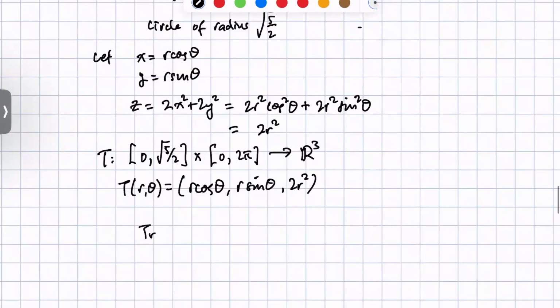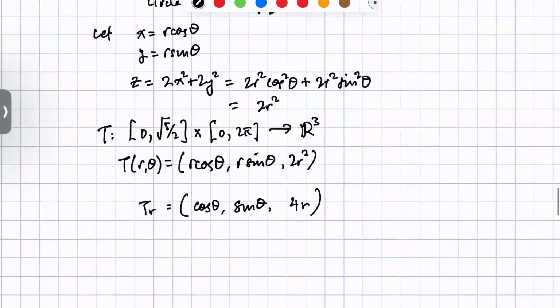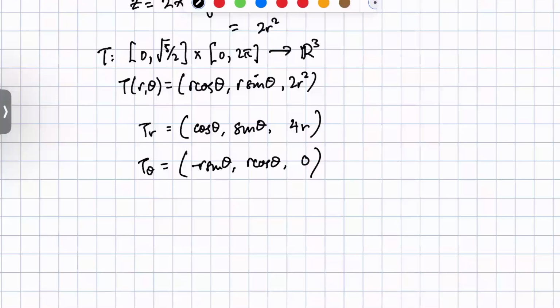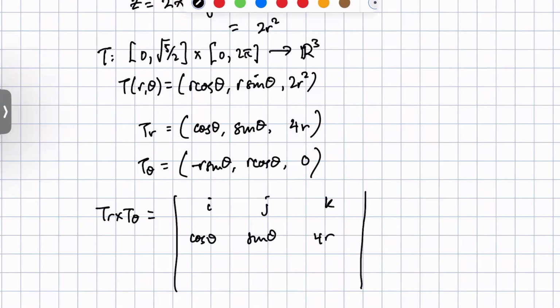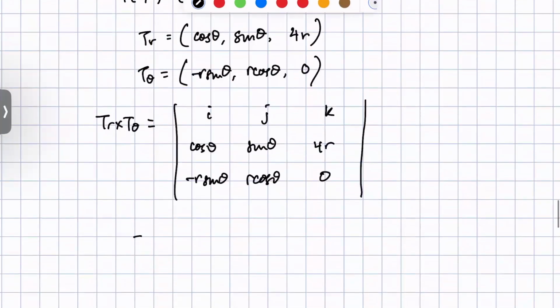Let's compute our Tr. Tr is cosine theta, sine theta, 4r. T theta is negative r sine theta, r cosine theta, 0. Tr cross T theta is, I guess I should write out the entire thing: i, j, k; cosine theta, sine theta, 4r; negative r sine theta, r cosine theta, 0. So the first coordinate depends on this square.